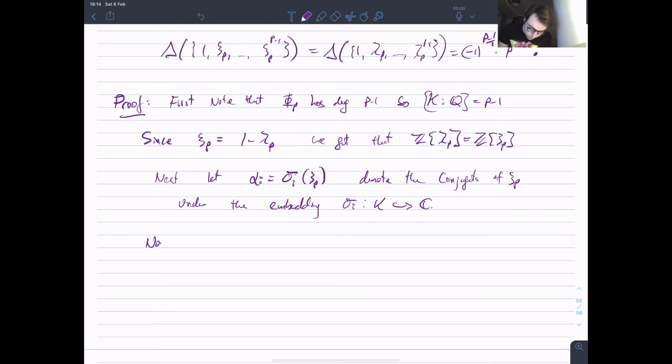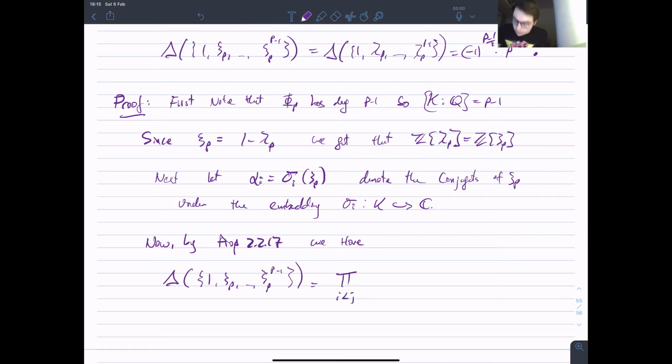Now let's use one of our previous propositions. By proposition 2.2.17, which told us about discriminants of power bases, we have the discriminant of 1, z_p, ..., z_p^(p-1). This was the product over i < j of (α_i - α_j) squared.